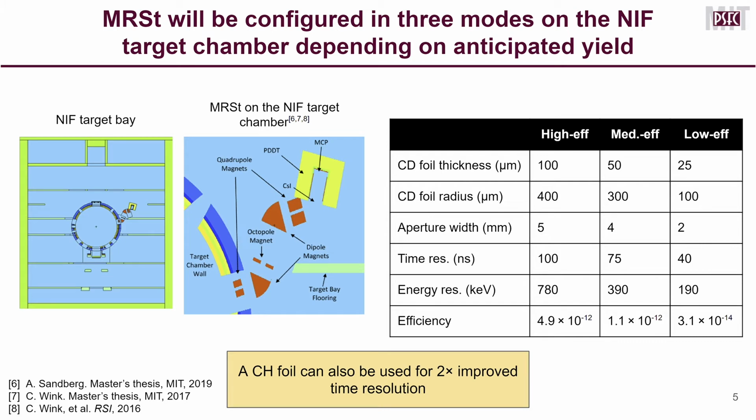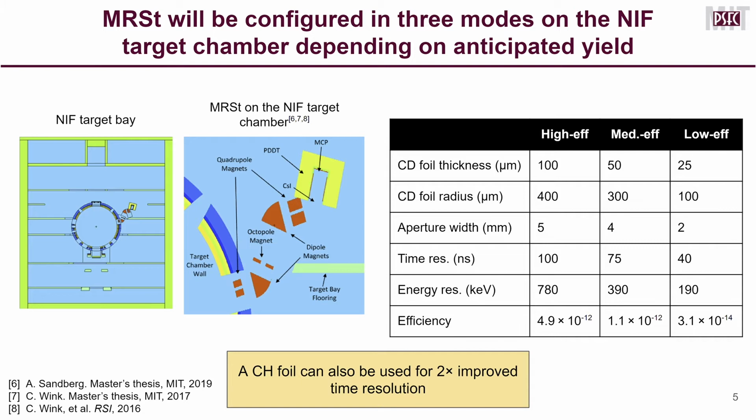MRSt will be configured in 3 modes on the NIF target chamber, depending on anticipated yield. Here is a depiction of the NIF target bay with MRSt mounted on it, and there are 3 different configurations that we examined in this study, each of which has a different resolution and efficiency.